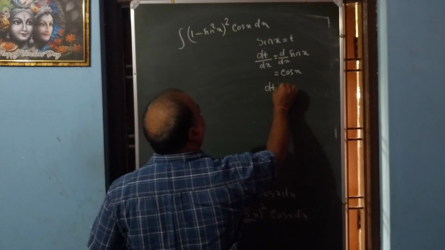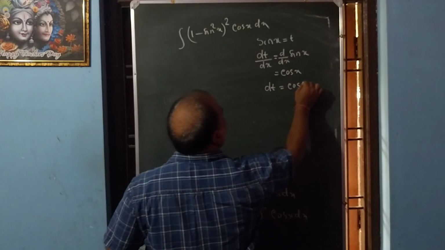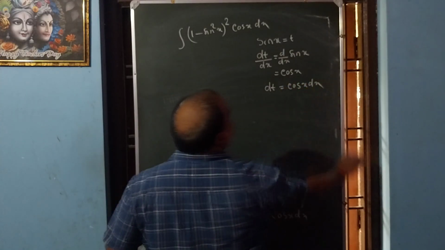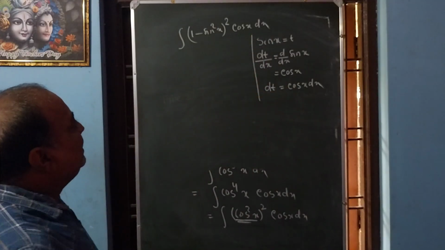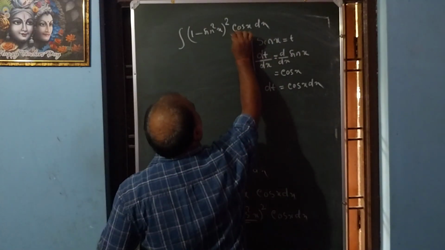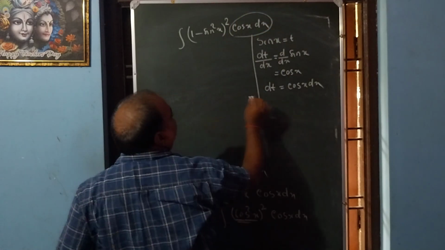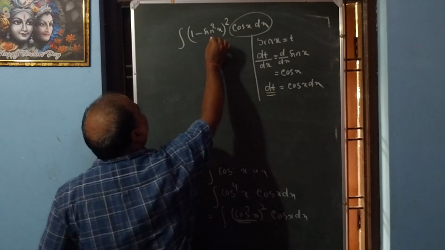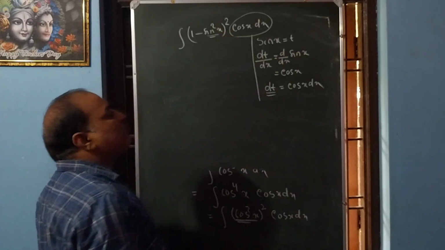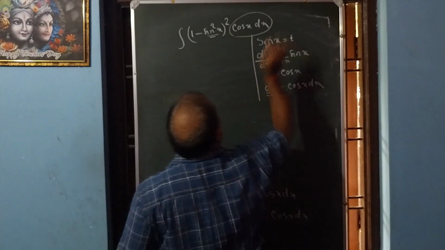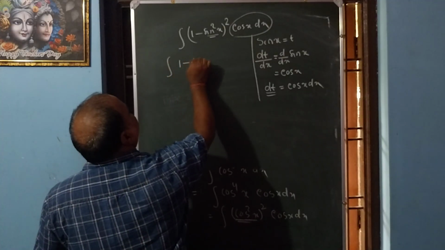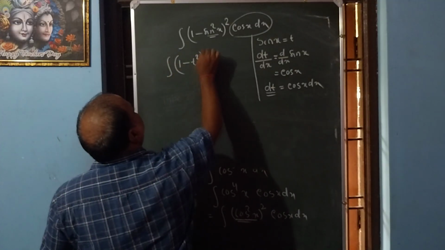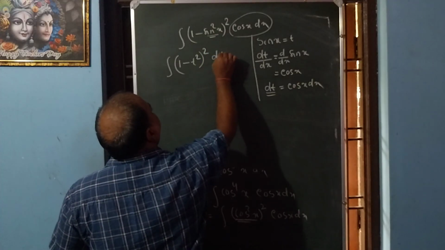So dt is equal to cos x dx. Okay? This is the hint you have to remember. Then it will be changed. In place of cos x dx, we have to write dt. In place of sin x, we have to write t. So the integral becomes (1 minus t^2) whole squared into dt.